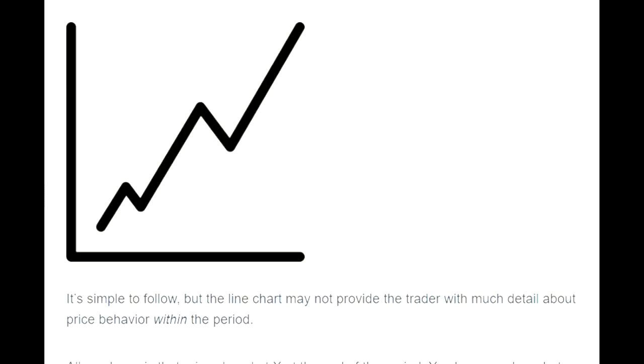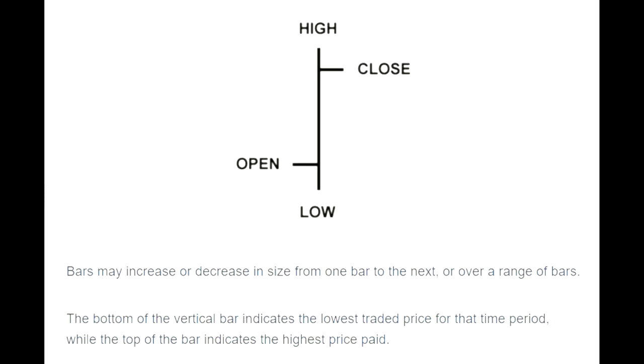The first type of chart is the line chart. They look just like this, just lines going up and down. Secondly, we have the bar charts. It would just be this type of bars, moving up, up, up, or down, down, down. That's a bar chart.